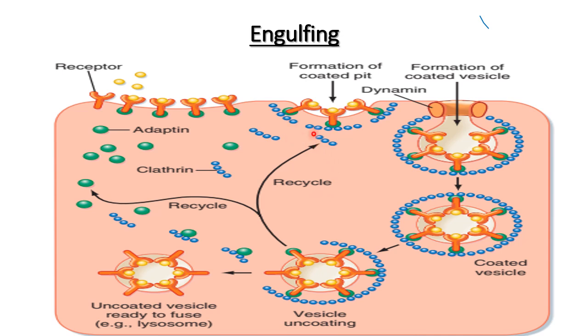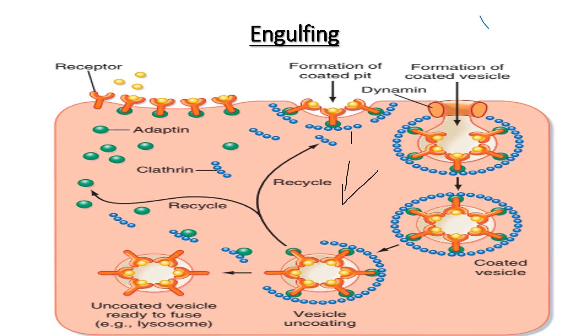It is these proteins that start pulling the cell membrane surface towards the cytosol. As they pull, you are mediating endocytosis so that you pull this microbe inside the cell.